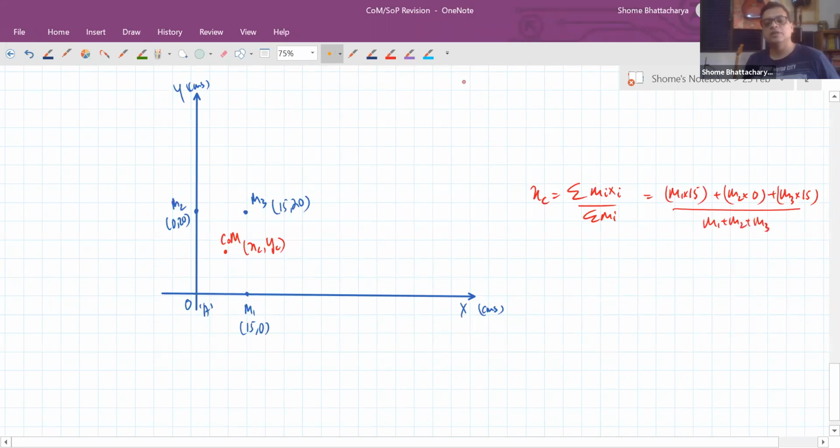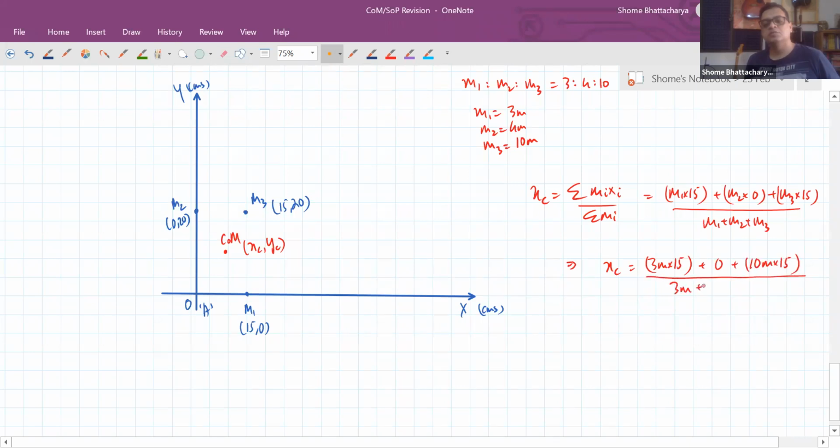Okay. Now we have seen that m1 is to m2 is to m3 was 3 is to 4 is to 10. So we took m1 as 3m, m2 as 4m, and m3 as 10m. So the x coordinate of the center of mass will become 3m into 15 plus 0 plus 10m into 15 divided by 3m plus 4m plus 10m.